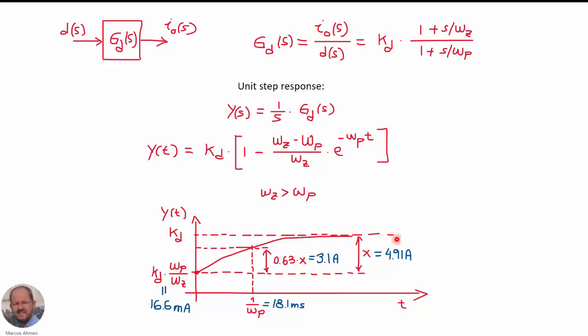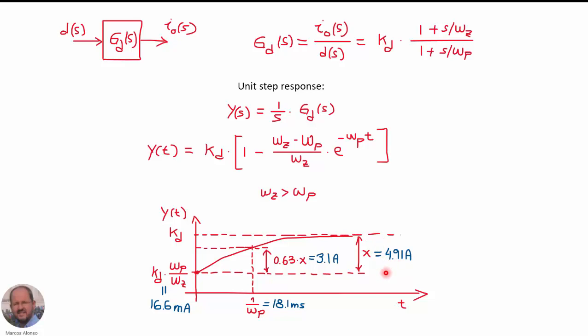And if we use the values in our example, we will see that this initial value is very small, just a few milliamperes. This is the time constant of the response, 18 milliseconds approximately. We know that at the time constant instant we have reached 63% of the final value, so this is 3.1 amperes in our particular case, and the steady state value is 4.91 amperes.